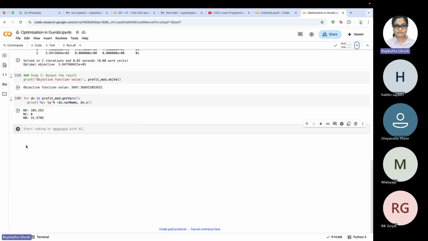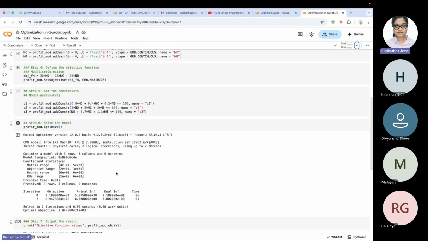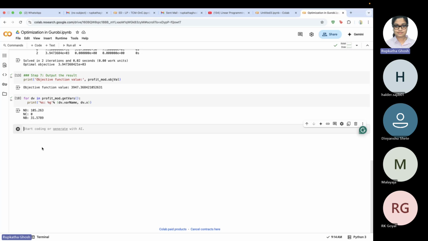What I will be giving you is homework: you basically have to use Gurobi and report to me in the next class. The homework is a mixed integer linear program, please remember.